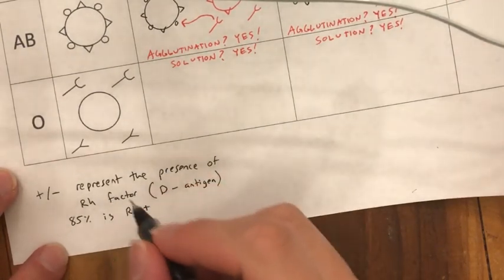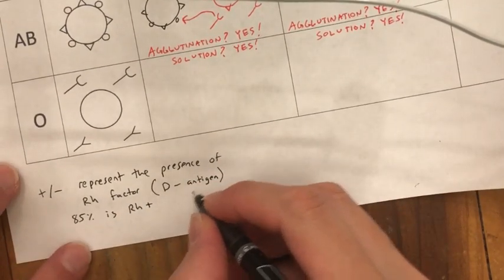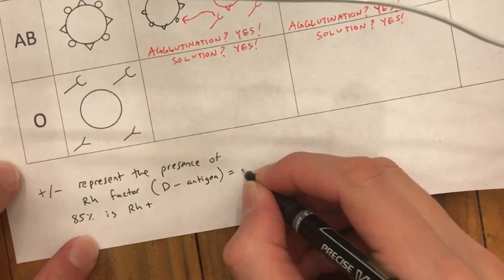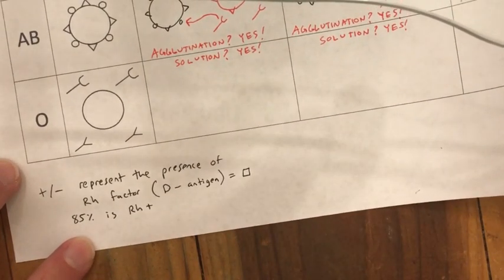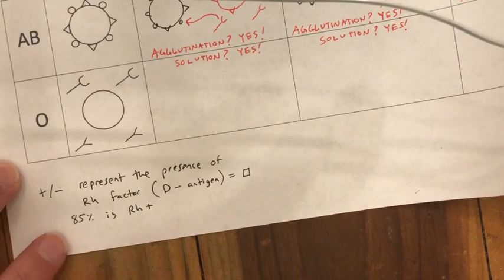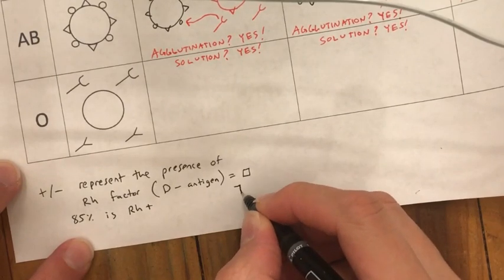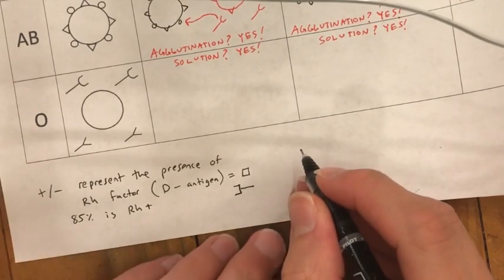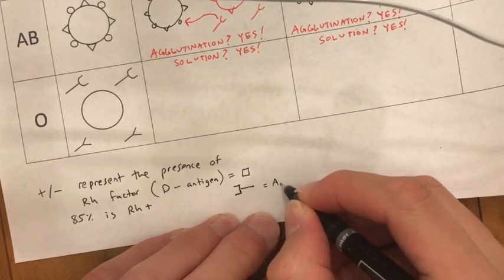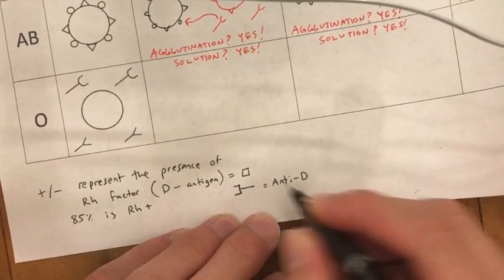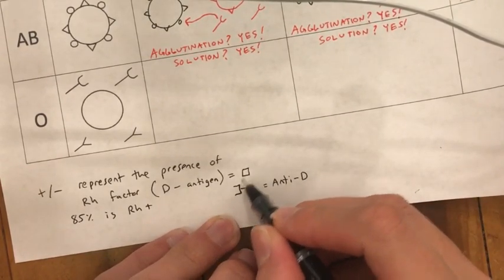For example, let's say the D antigen is a square. Let's make the D antigen a square, all right? And for the fun of it, let's make the anti-D this shape, so that it matches the antigen.